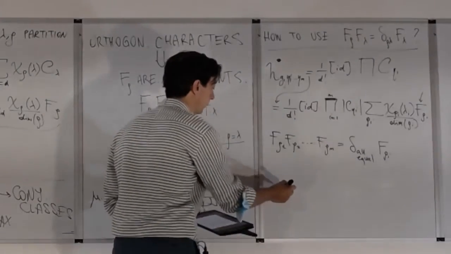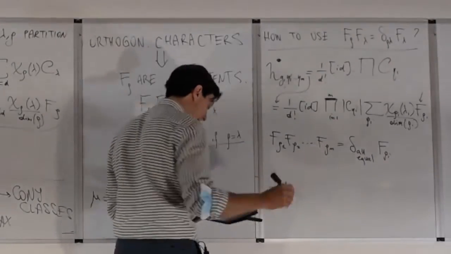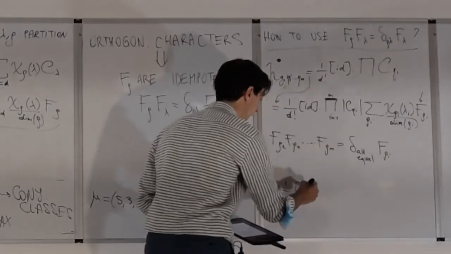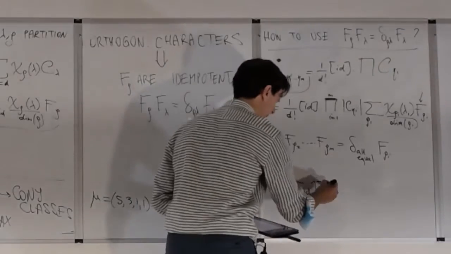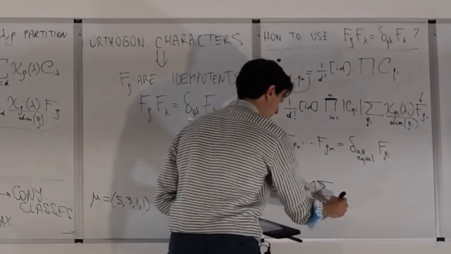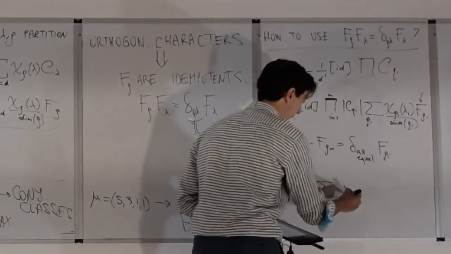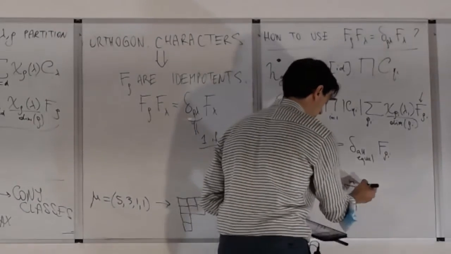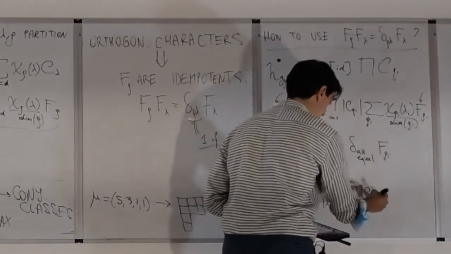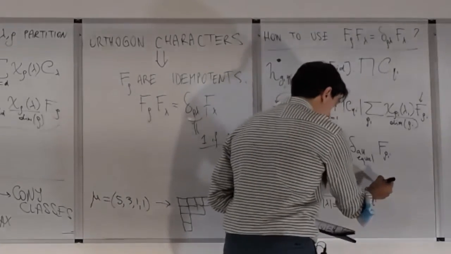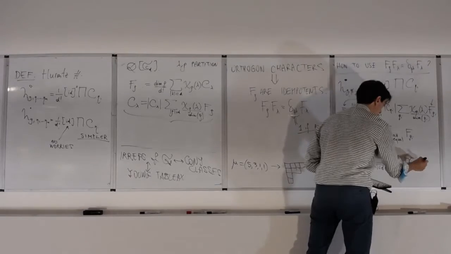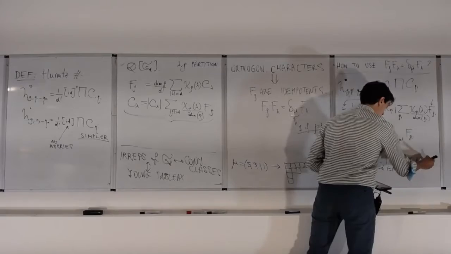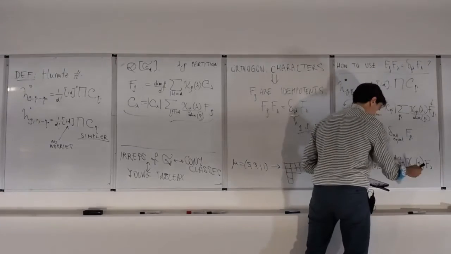So what you get is 1 over d factorial. And here you're counting the identities inside the sum over lambda, d. And here you have product I from 1 to m. And then you have your C mu, C eta I, chi lambda eta I, F lambda, dimension of lambda.